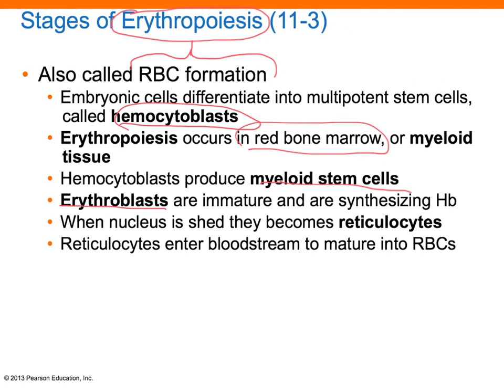So these are going to be synthesizing hemoglobin. And when the nucleus is shed, they become reticulocytes. This happens after about 4 days of maturing. The reticulocytes then enter the bloodstream, and they complete maturation after about 24 hours.